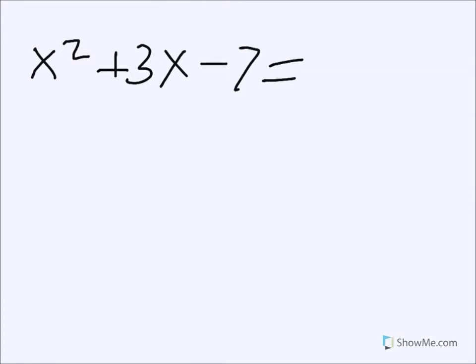So here's our equation. X squared plus 3x minus 7 equals 0.